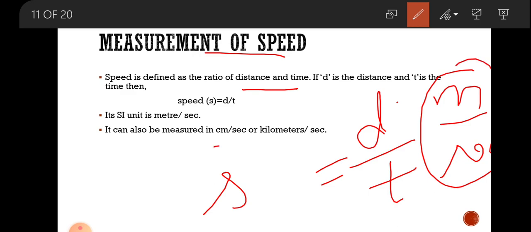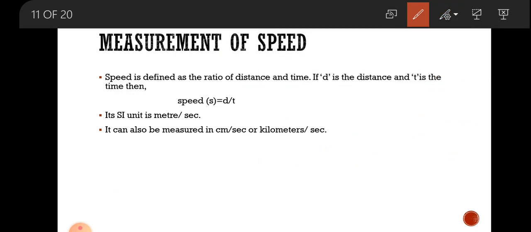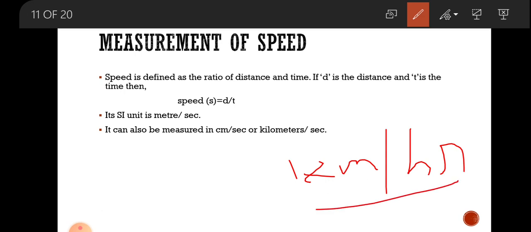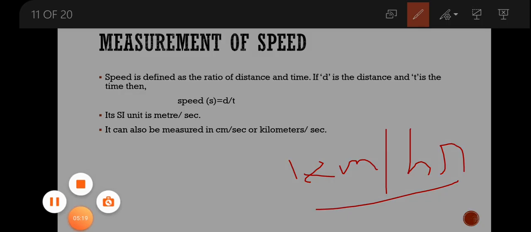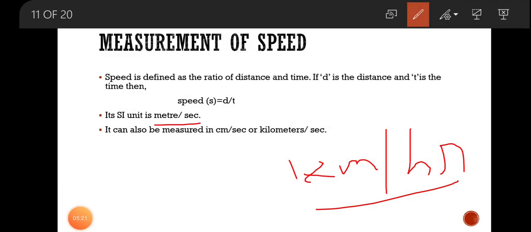It can also be measured in centimeter per second or kilometer per hour. Mostly the speed of vehicles, two-wheelers or four-wheelers, is measured in kilometer per hour, but the SI unit is always meter per second.